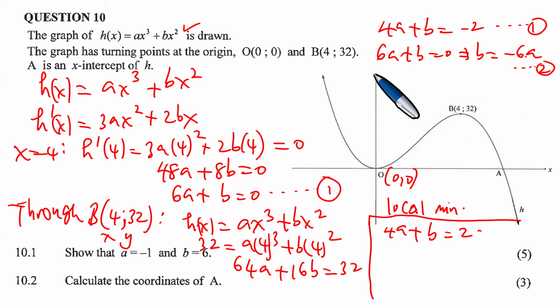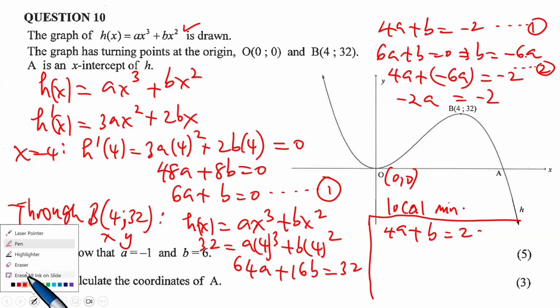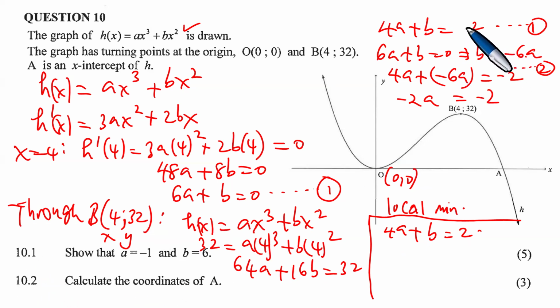Now you have 4a plus b. 4a minus 6a is minus 2a equals minus 2. But this is 4a plus b equals positive 2. It is exactly positive 2.